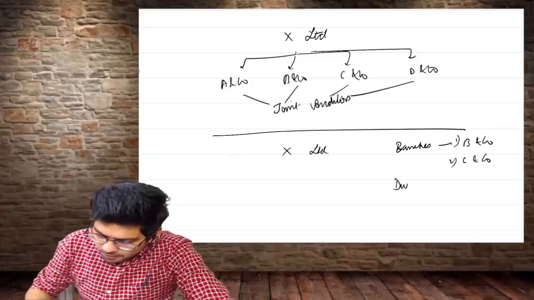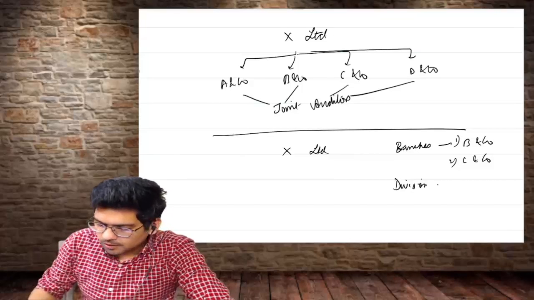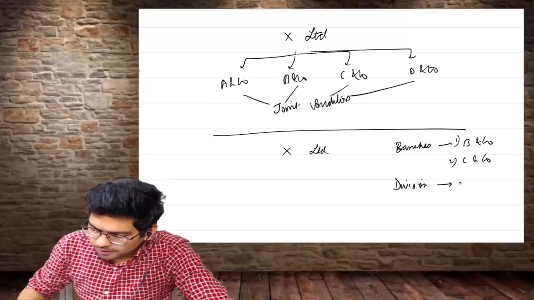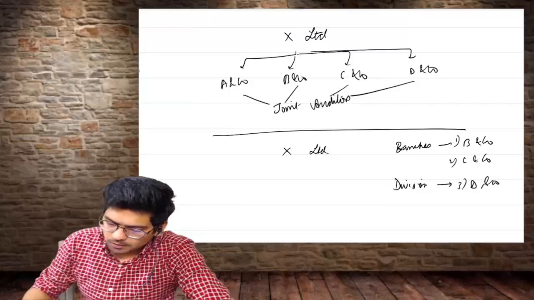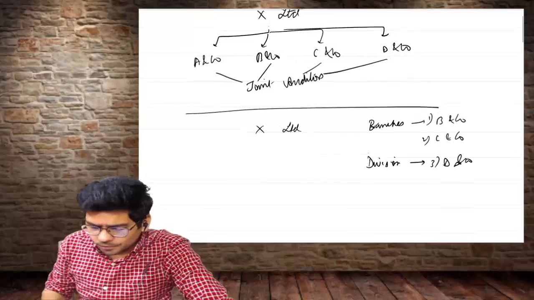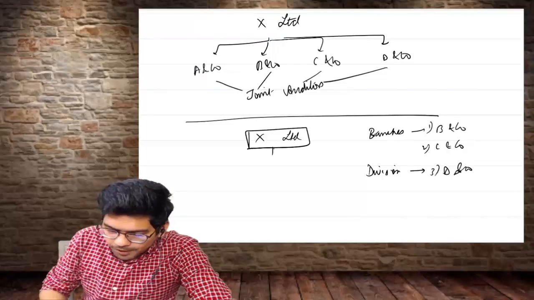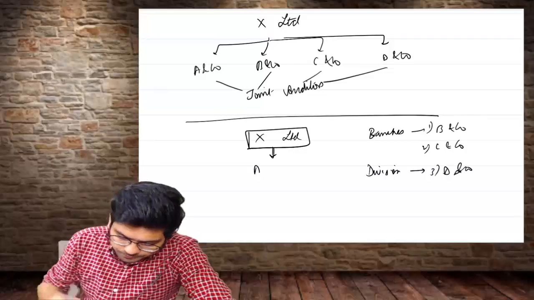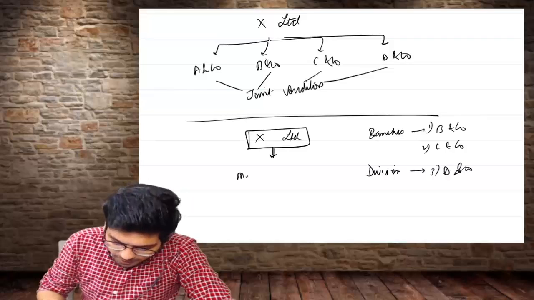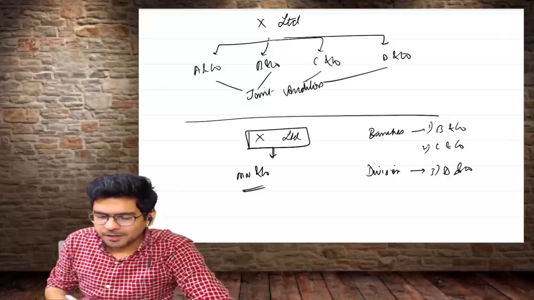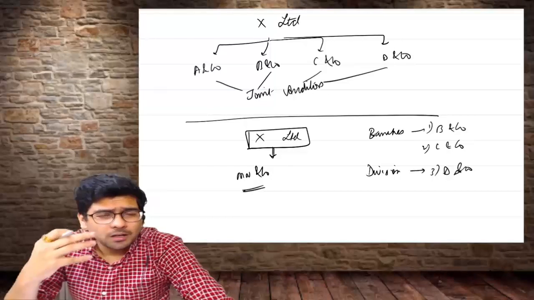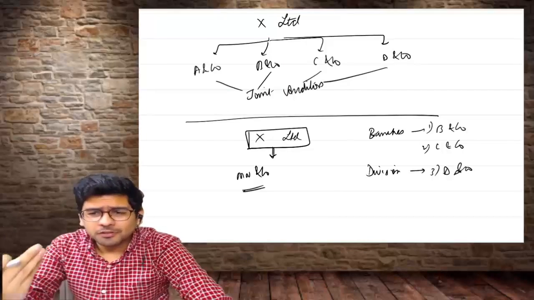They have a division, and for the division, let's say they have another auditor, D and company. Now please understand, when I say X Limited, the main auditor is, let's say, M&N company. The main auditor is M&N company, but they have some branch auditors, some division auditors, etc.